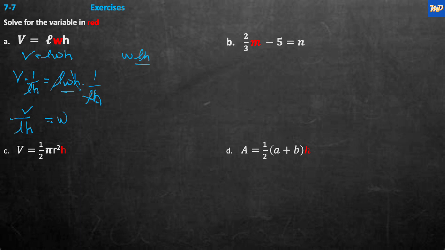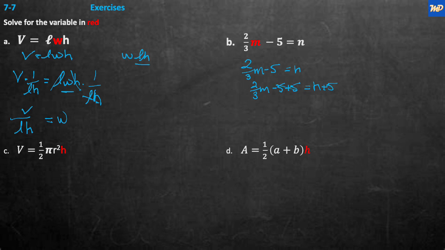Let's do B. 2/3 M minus 5 is equal to N. So we've got to move the minus 5. 2/3 M minus 5 plus 5 is equal to N plus 5. So the 5's cancel.